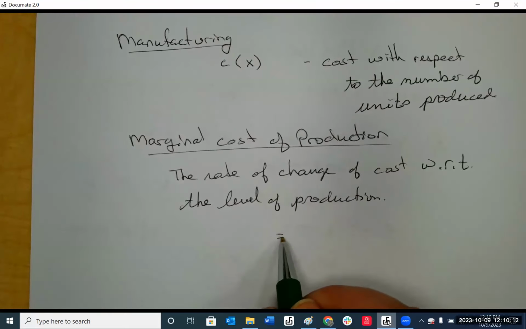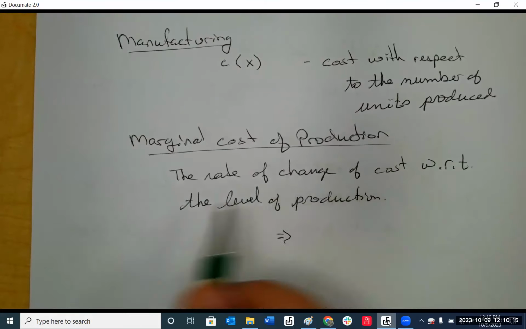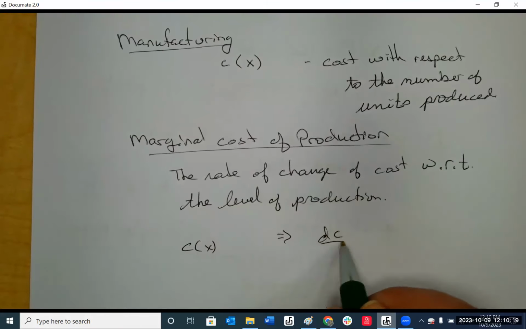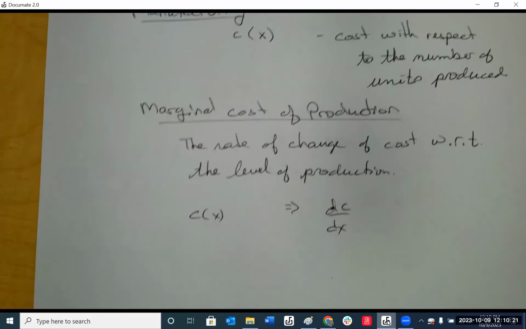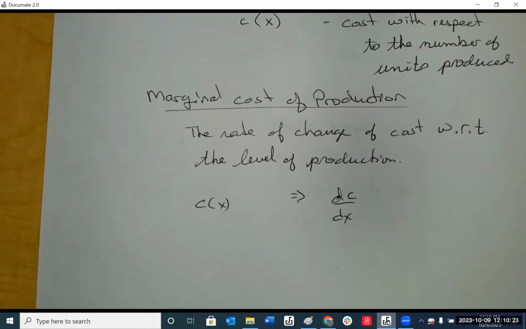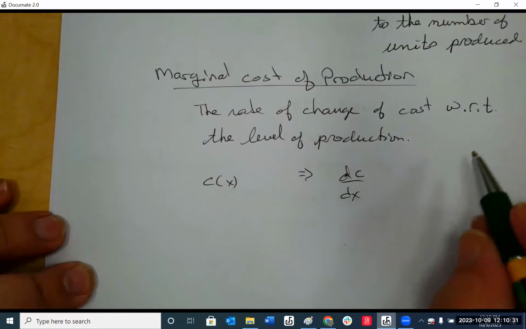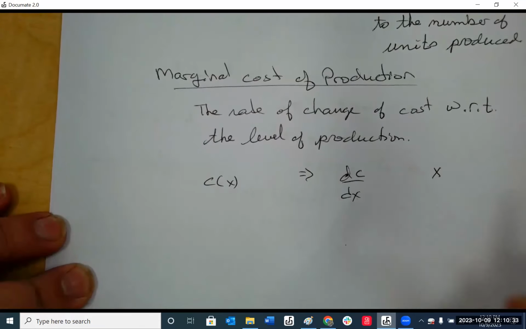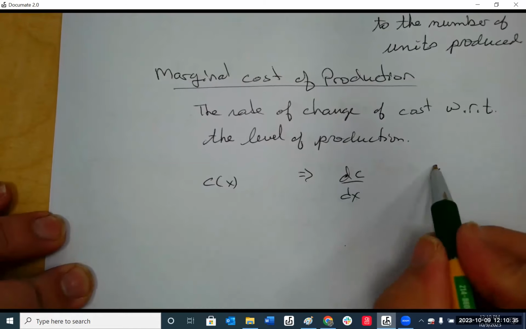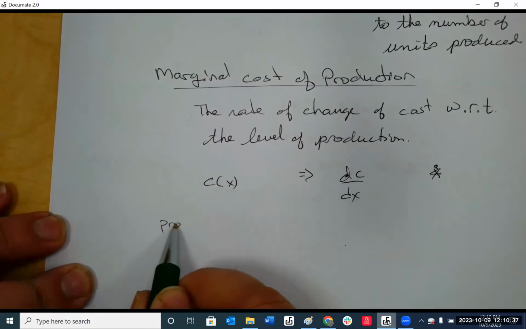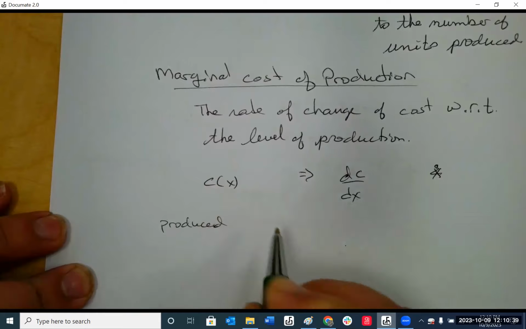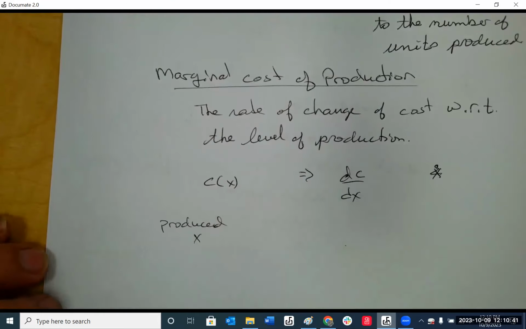Since we started off with C of x, this is dC over dx. Again, we're using x, that's x number produced. We're starting off with number produced x.